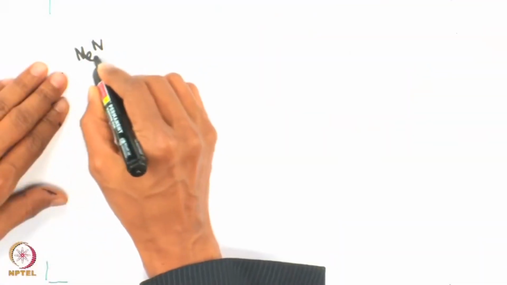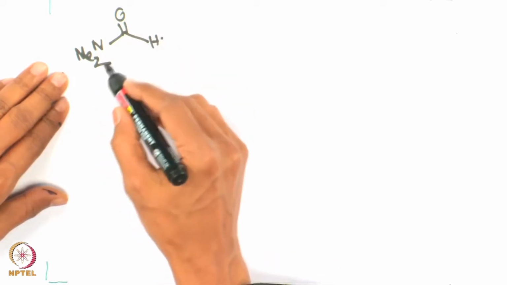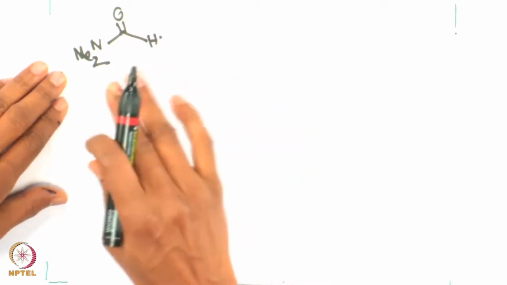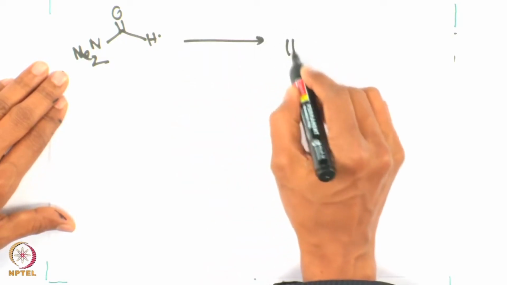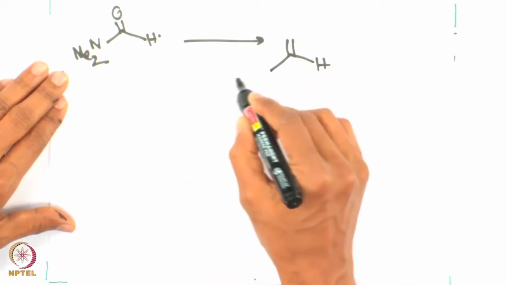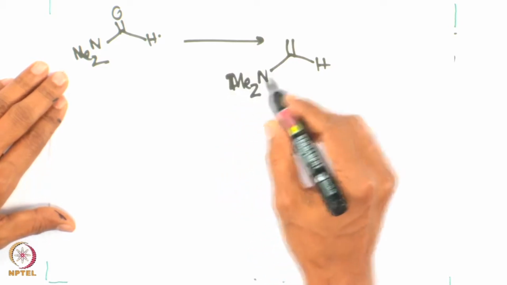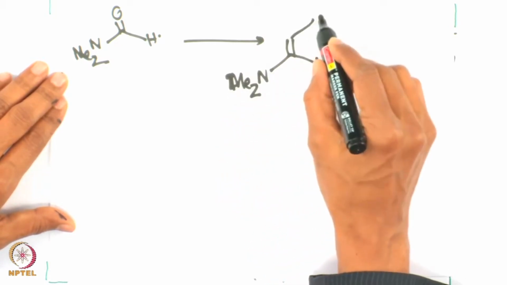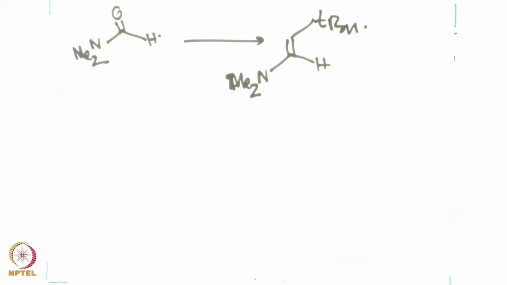Now, DMF is this one. So, these are even lower nucleophiles compared to aldehyde. From there you can get the product using your Schrock carbene reagent.